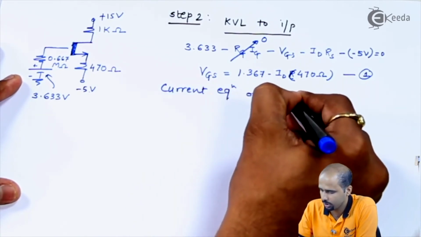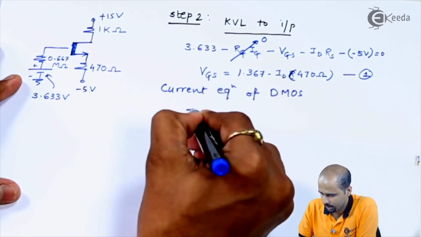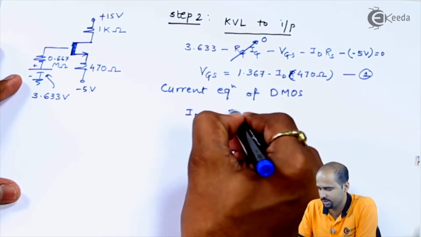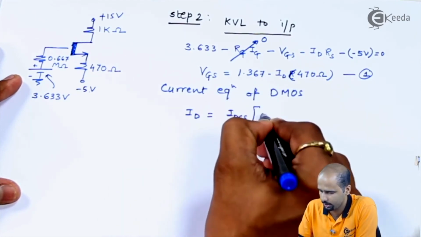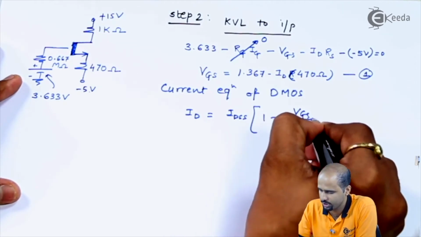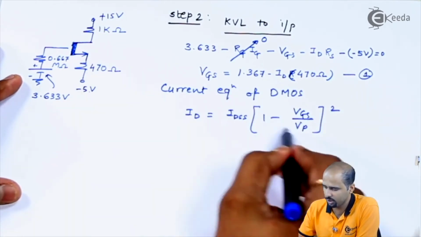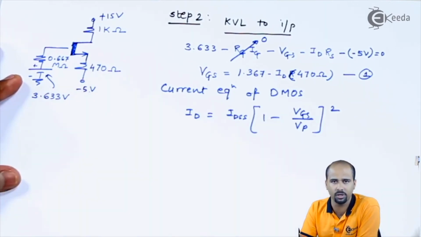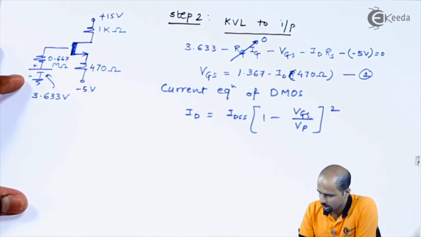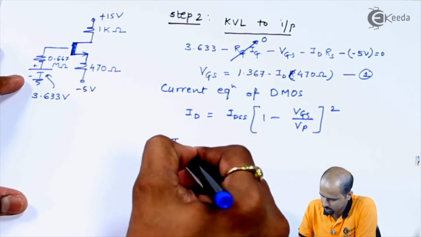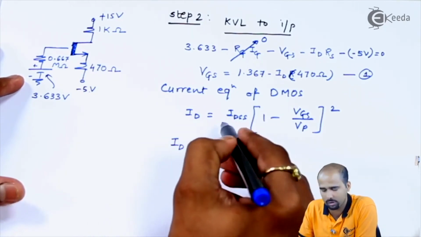of DMOS. I know that current equation of DMOS is ID is equal to IDSS into 1 minus VGS divided by VP the whole square. We'll just put the value of VP and IDSS, which is given 10 milliampere and minus 5 volts. ID is the parameter which we want to calculate.